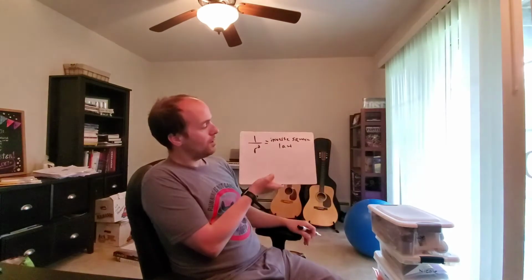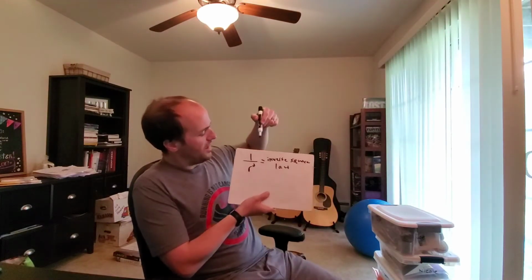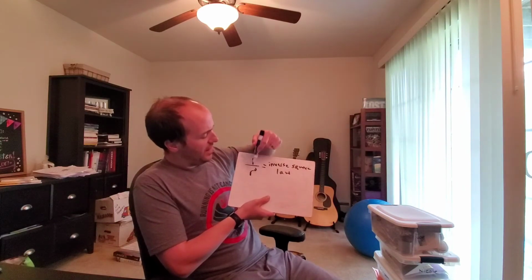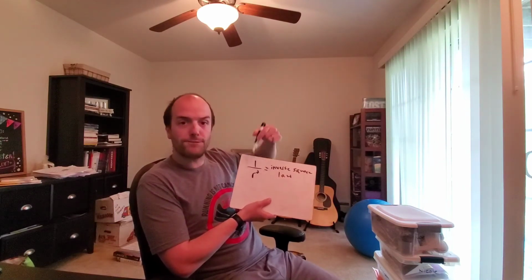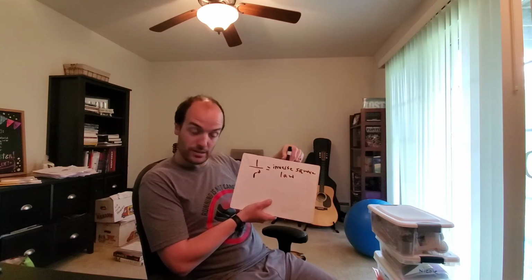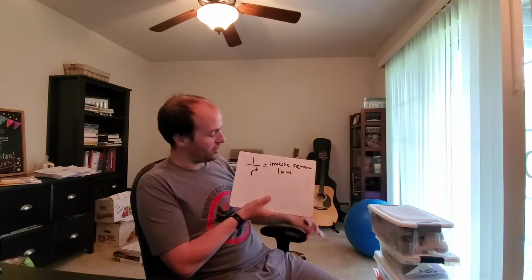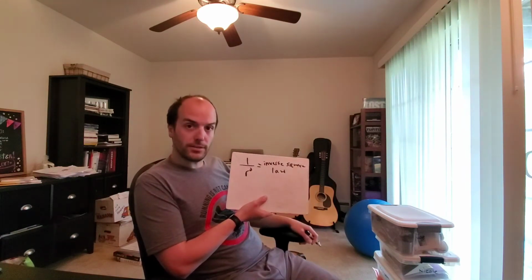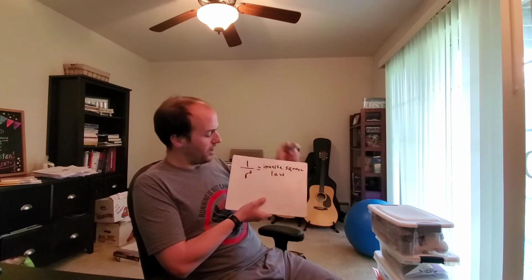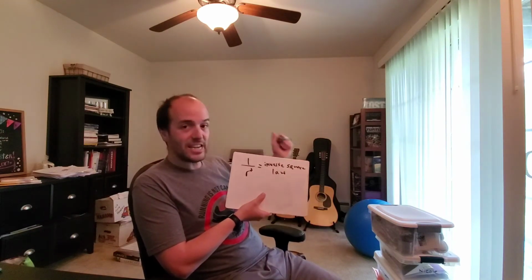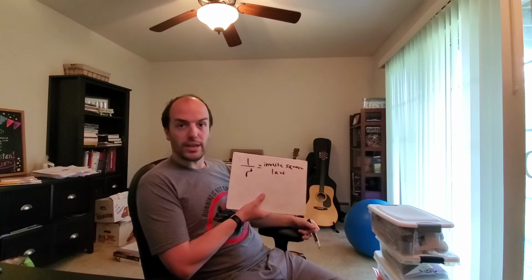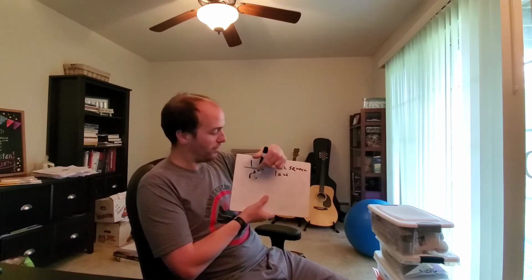This represents the inverse square law. Basically, as the distance increases, the force will decrease by the square of the change in distance. Likewise, when the distance decreases, the force will increase by the square of the change.